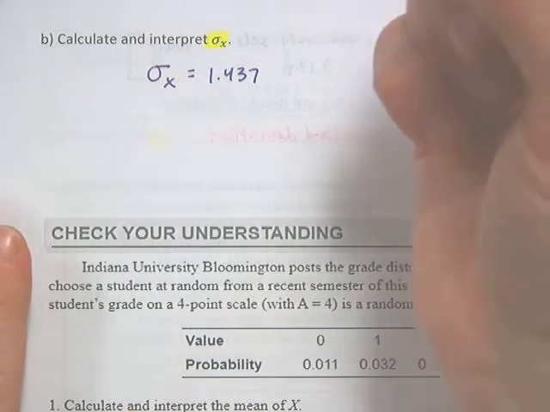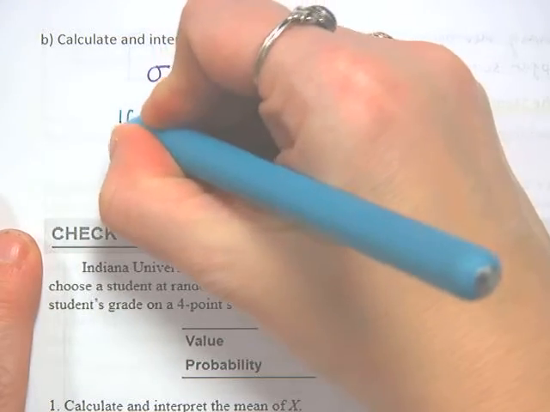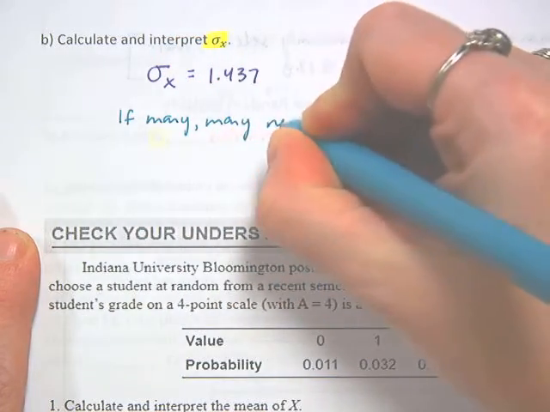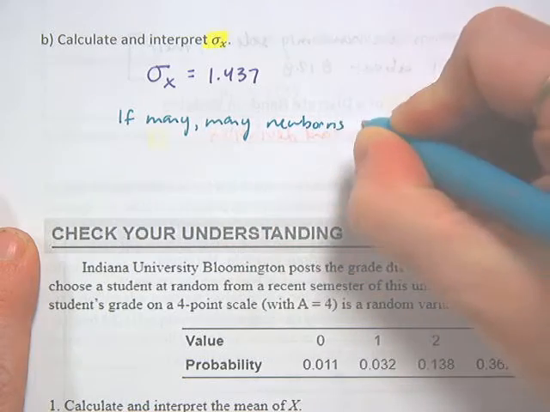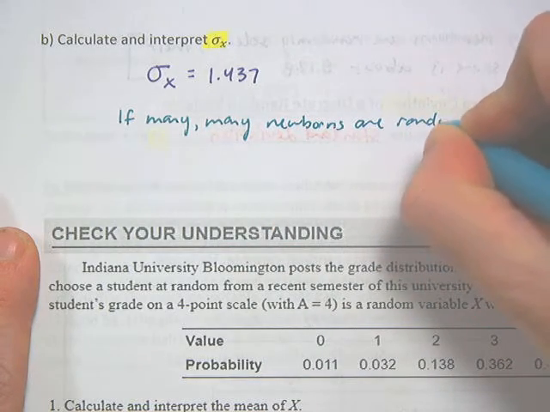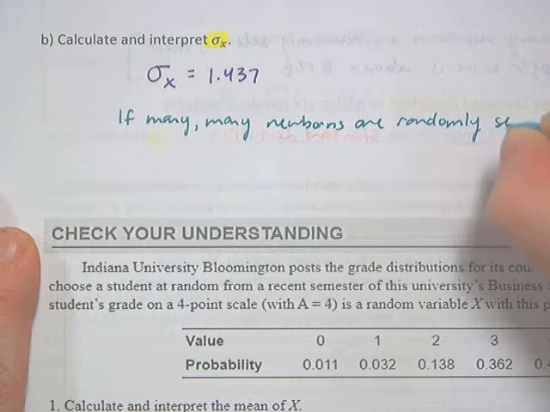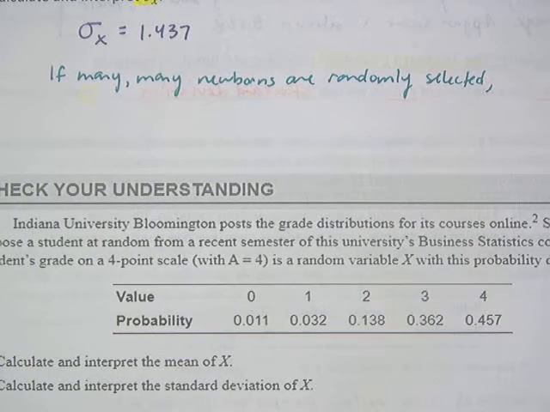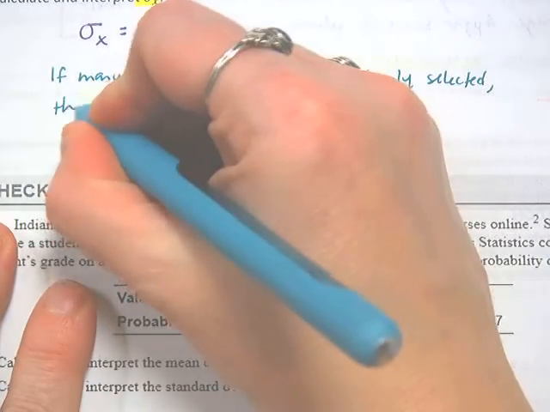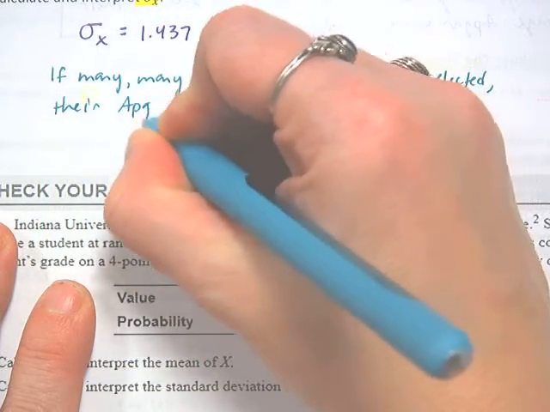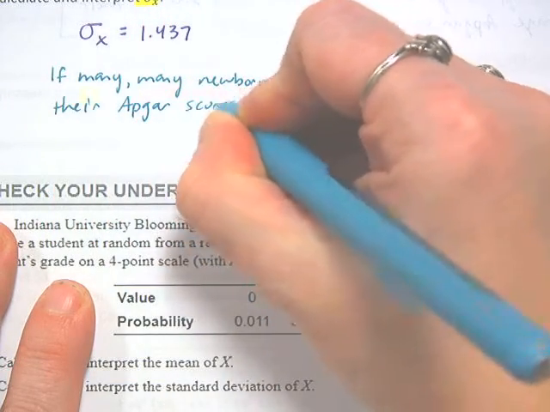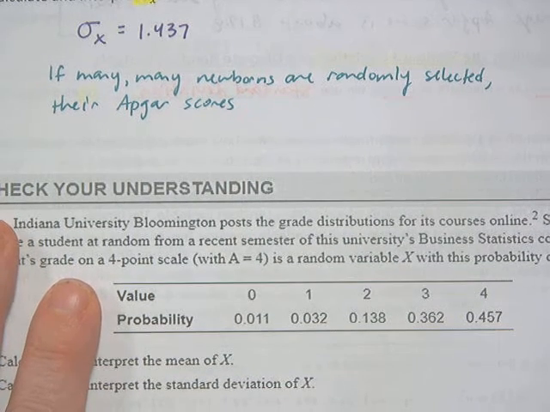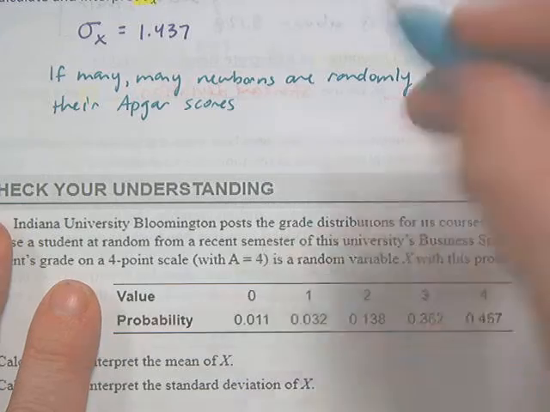If many, many newborns are randomly selected, their APGAR scores, here's the key phrase that you can copy and paste, will typically vary from the mean.